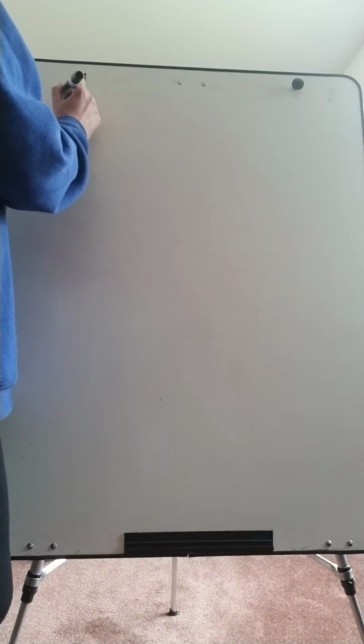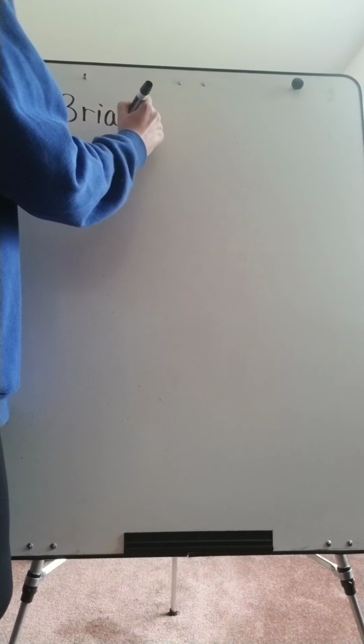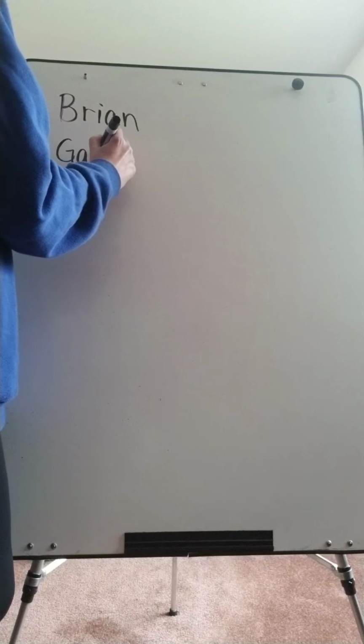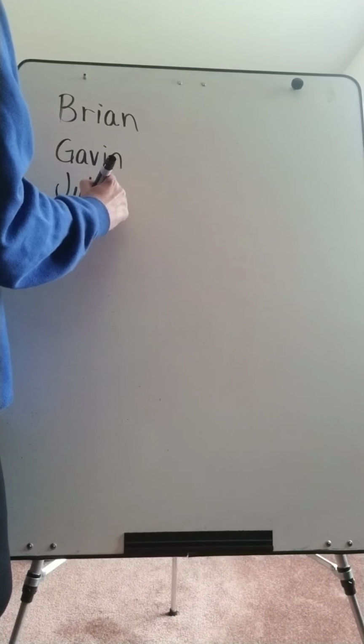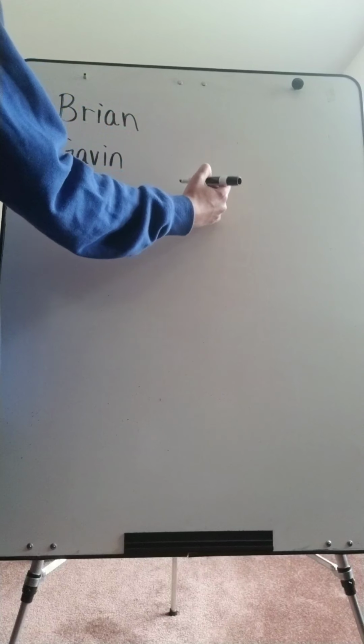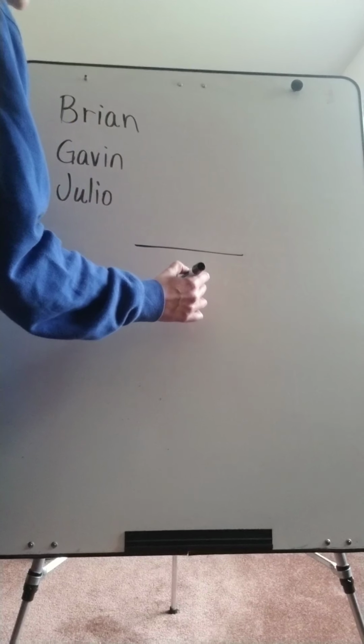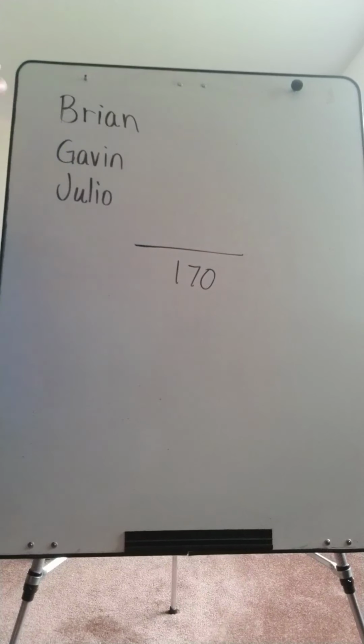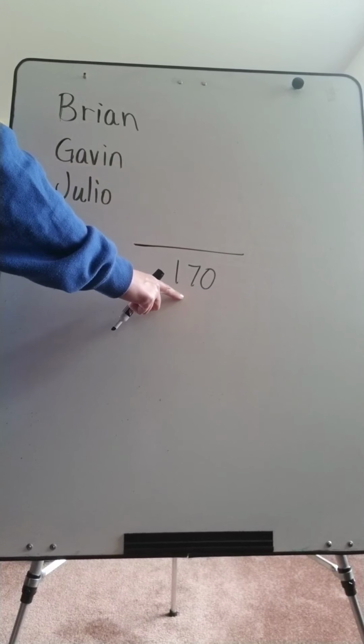So let's write down their names. Okay, and we'll start here. So if we add all three of their numbers, we're going to get a sum of 170. Okay? Now it tells us that Julio's number is 86 less than the sum.